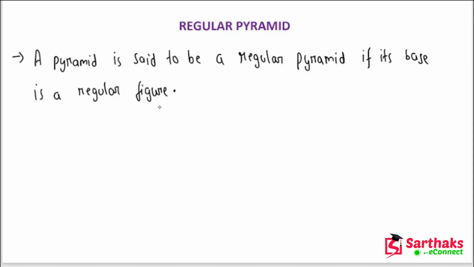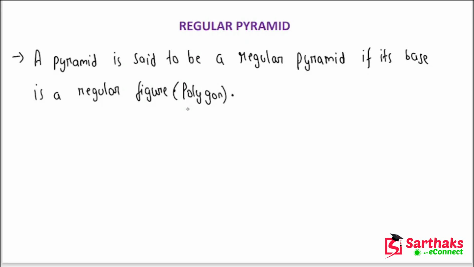You can say if its base is a regular polygon, or you can say that all of the sides of the base are equal. So that is what we say to be a regular pyramid.